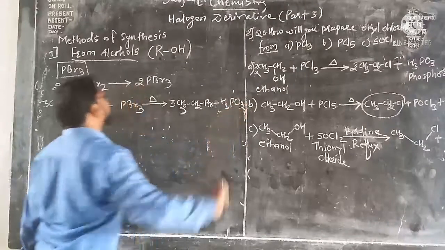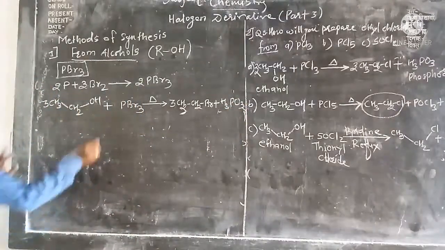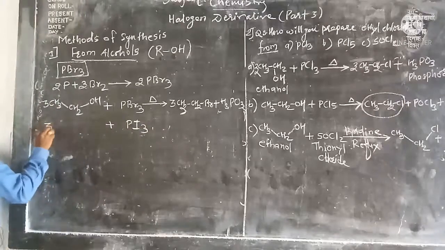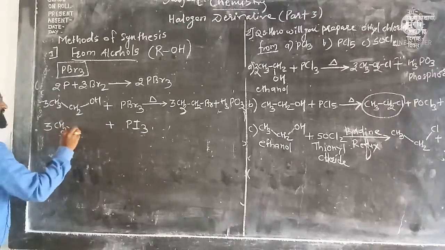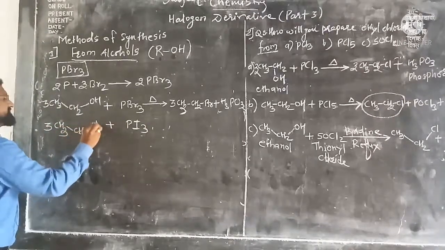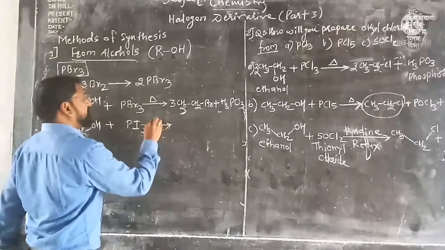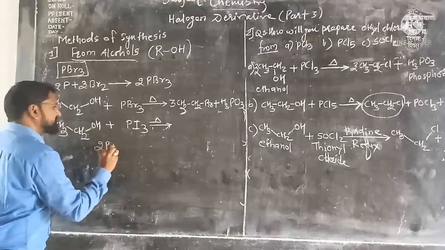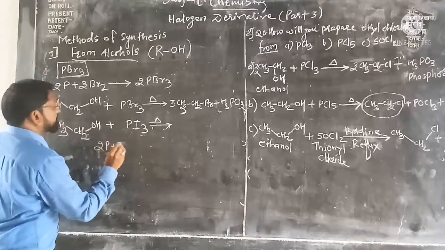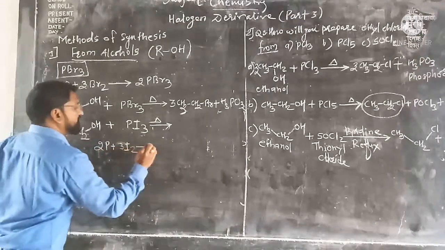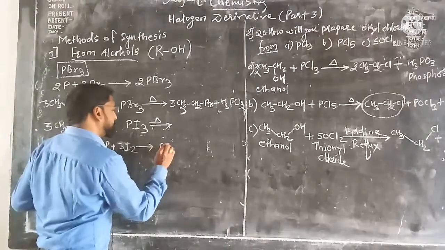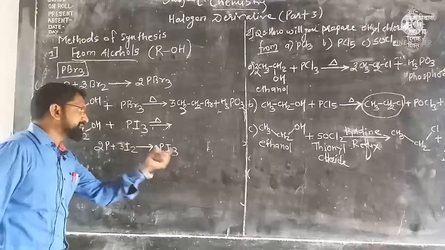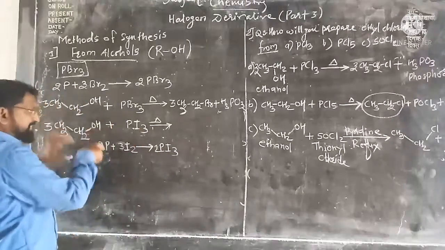Similar to that we can try phosphorus triiodide also, no problem, 3 molecules of the corresponding alcohol. Very easy. How is it prepared? Twice PI3, twice phosphorus plus 3 times I2. Why is this reaction important?